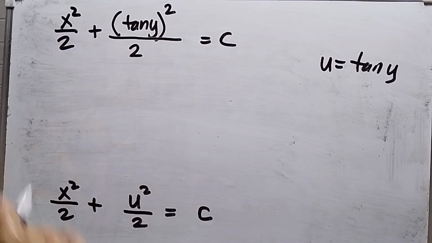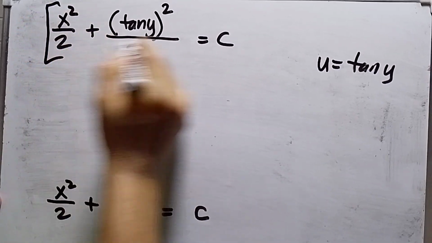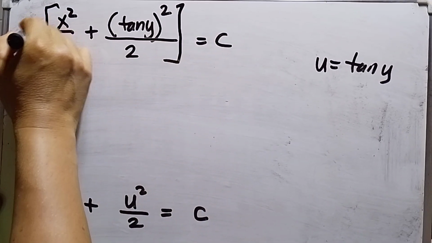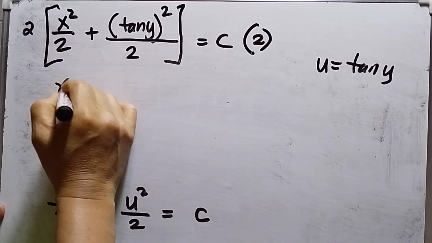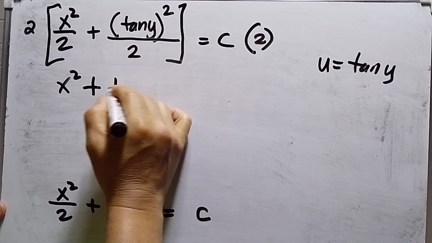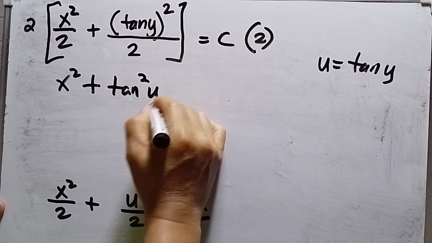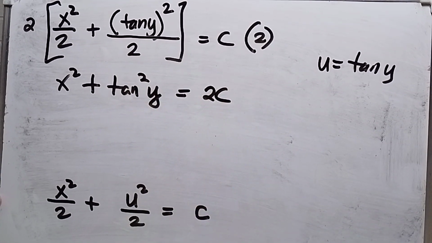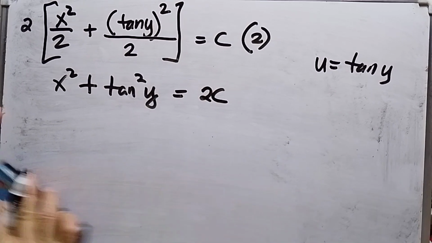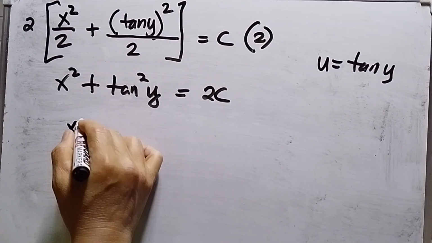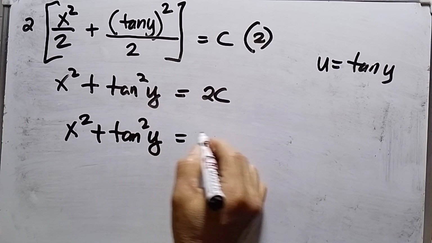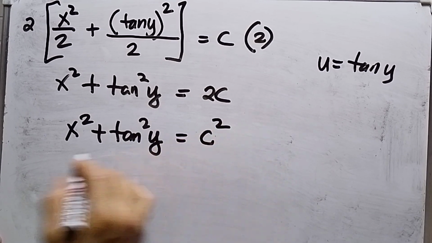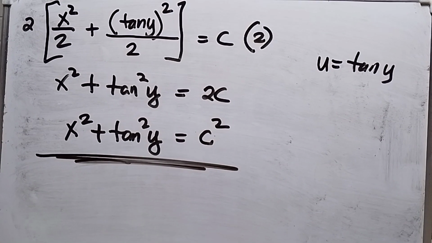To eliminate the denominator, multiply by 2 both sides. So this will be x squared plus tangent squared y is equal to 2c. Or I can write this in my final answer, x squared plus tangent squared y is equal to c squared. So this is my answer. That's all.